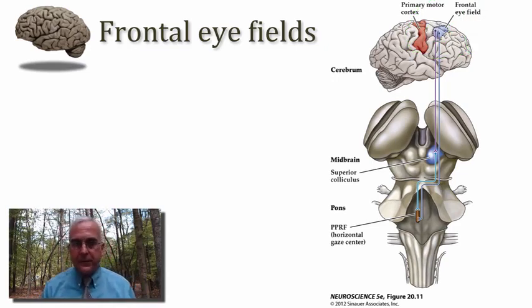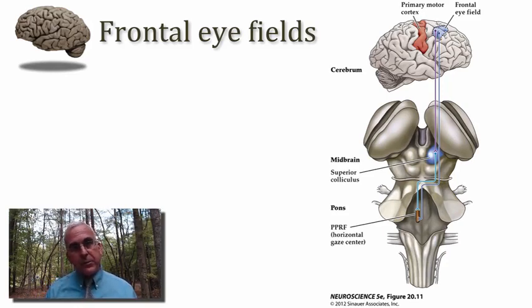So the frontal eye fields are important in directing our gaze towards a visual target that we actually choose to look at. So we make a decision, we generate a motion plan, which is common to what is going on in the premotor cortex, and then we execute that plan.